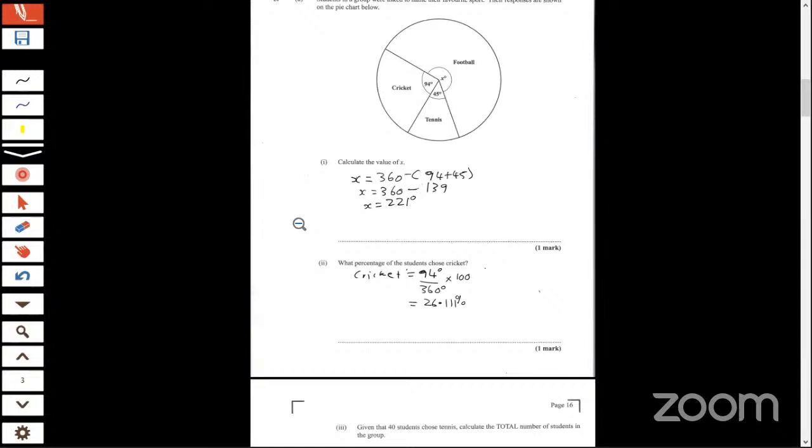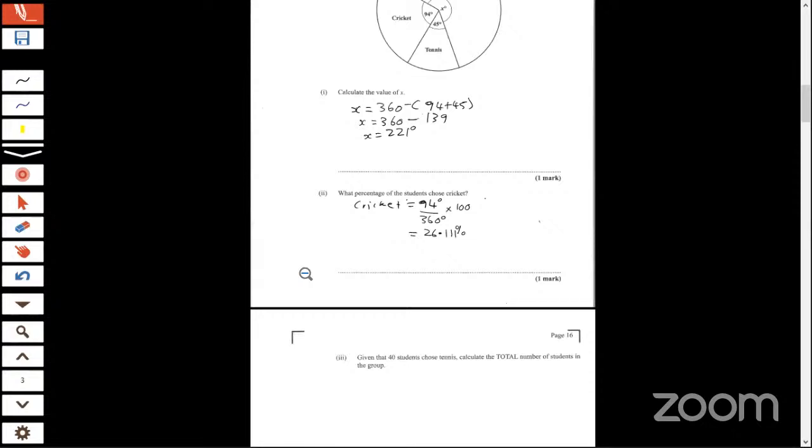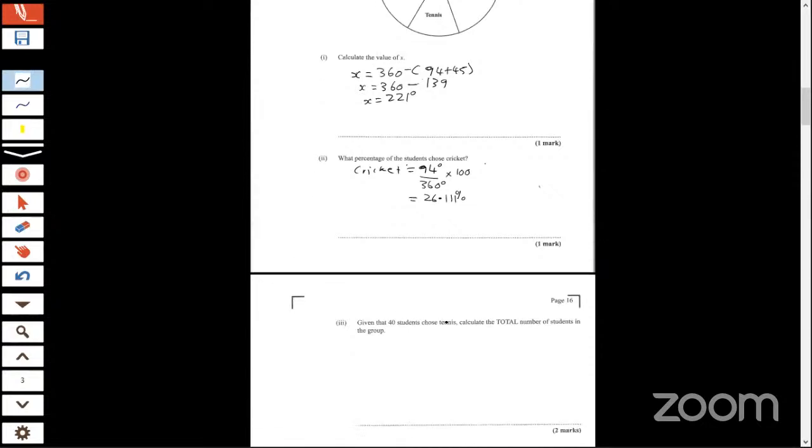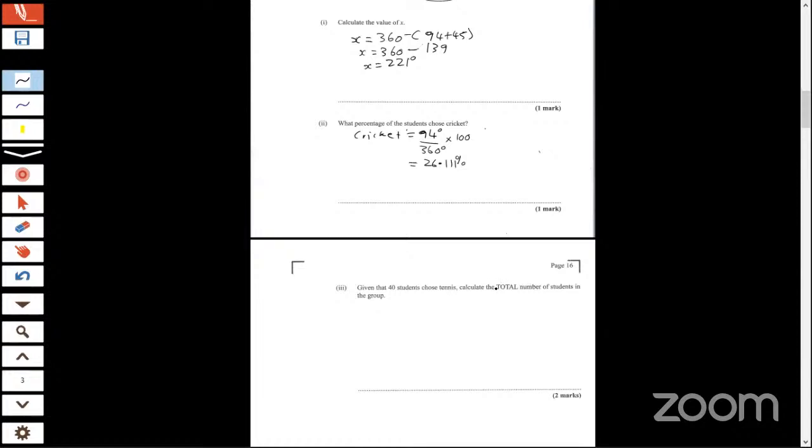Sir, I got 220 students. You got 320 students? Yes, sir. The formula that we use here is almost the same as I've been using from before.